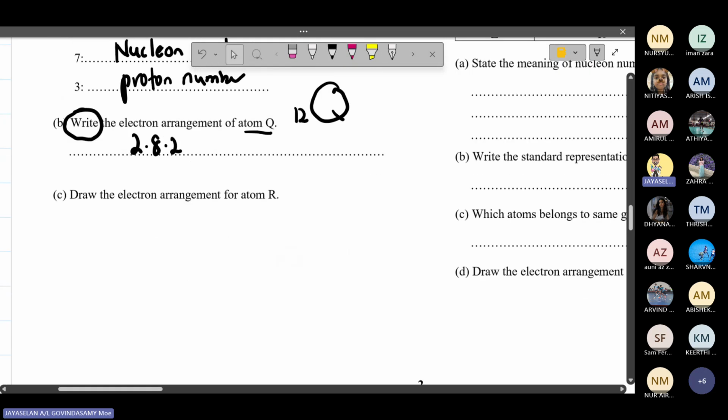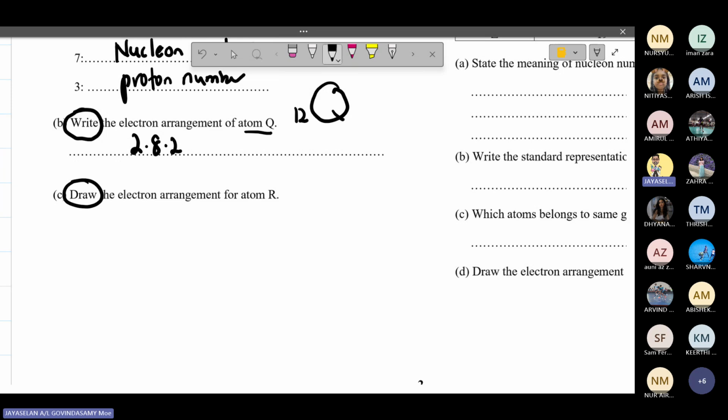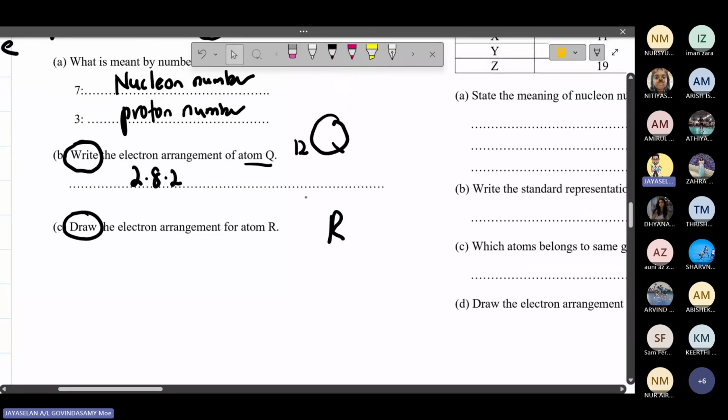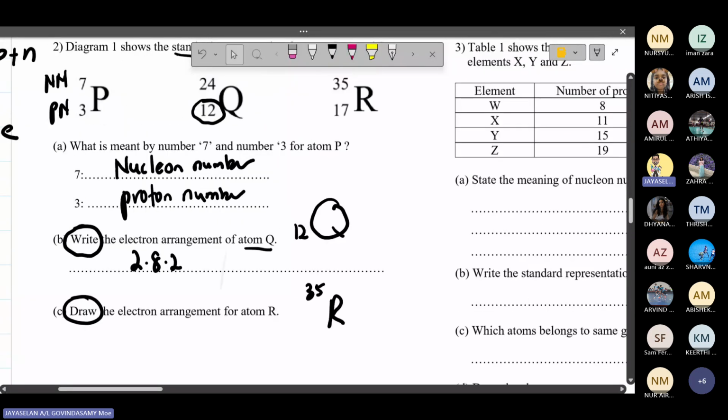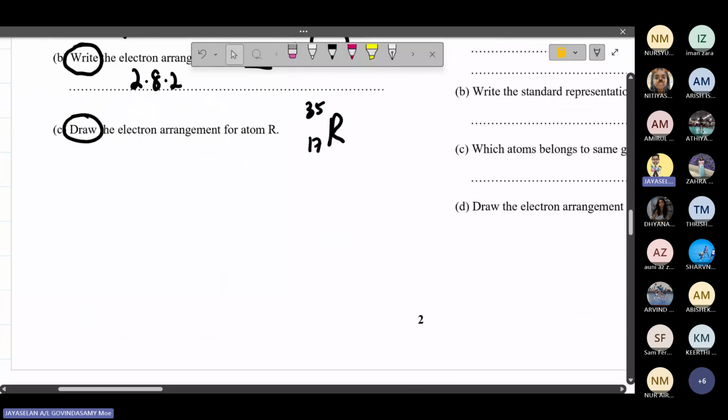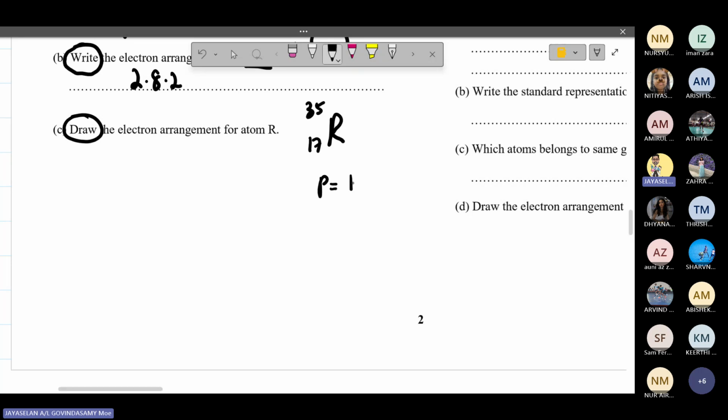Okay, now they ask you to draw. Here they put draw: draw the electron arrangement of atom R. So what you all will do, I want you to do like this. Atom R, the nuclear number 35, the proton number 17. Very simple. Follow. After you do this, how many protons? 17.